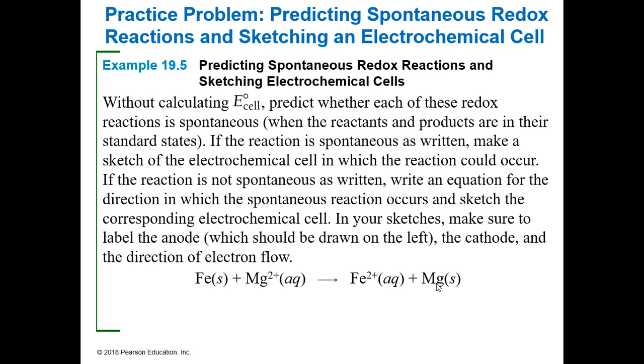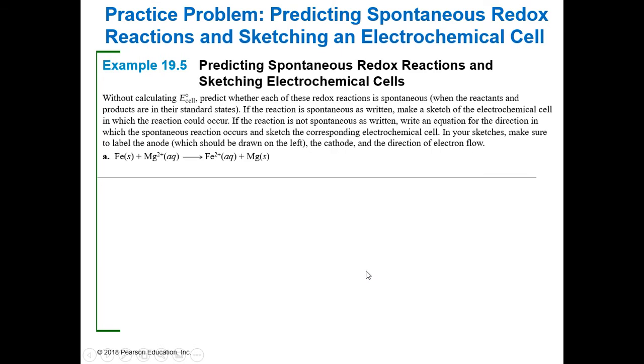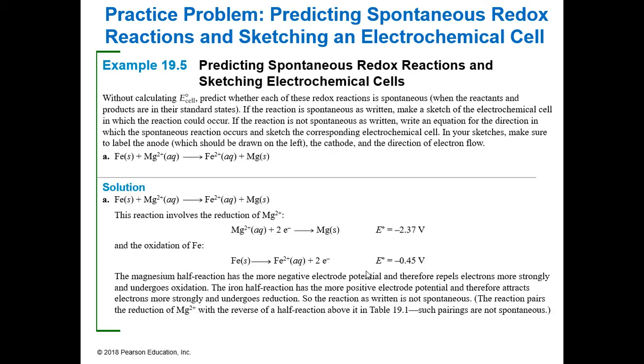So what we want to see when we look at the table, we want to see that the magnesium reduction reaction is higher on the table than the iron reaction. So let's look at our table. So here we go. They gave us some values. We said that we wanted our magnesium reaction to be higher on our table.